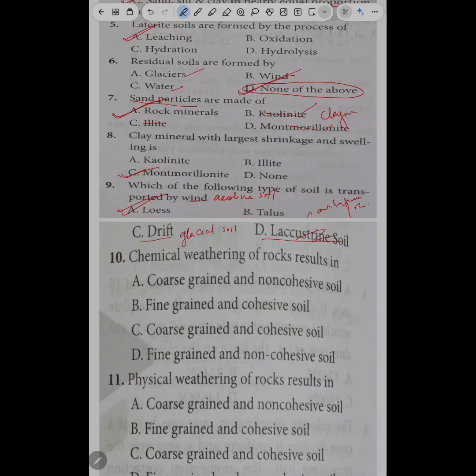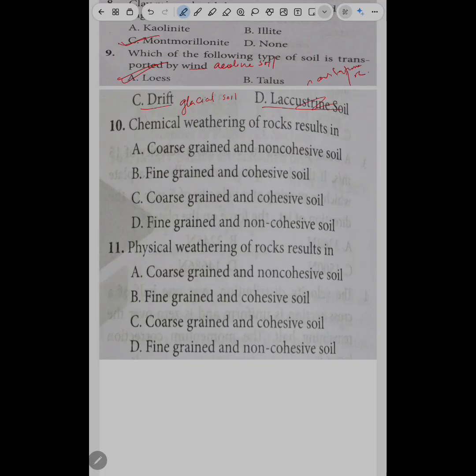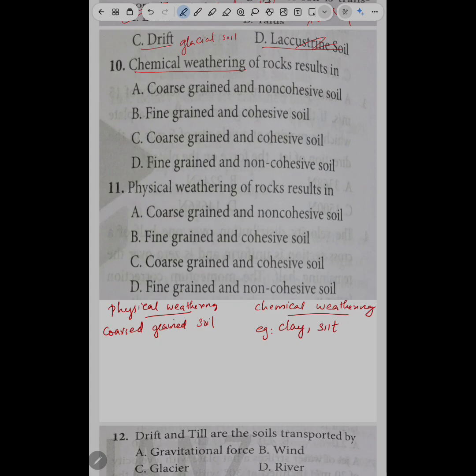Option A. Next question. Chemical weathering of rocks results in: coarse-grained and non-cohesive soil, fine-grained and cohesive soil, coarse-grained and cohesive soil, or fine-grained and non-cohesive soil. We studied physical weathering and chemical weathering.